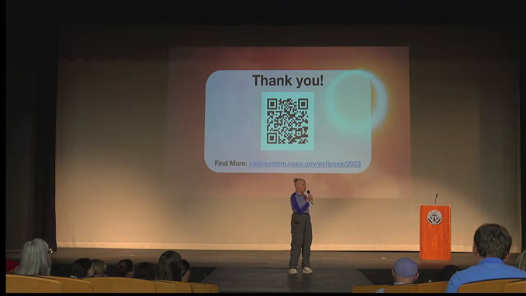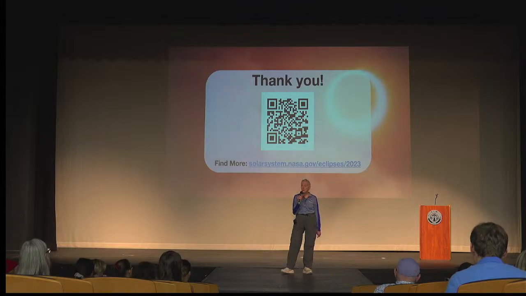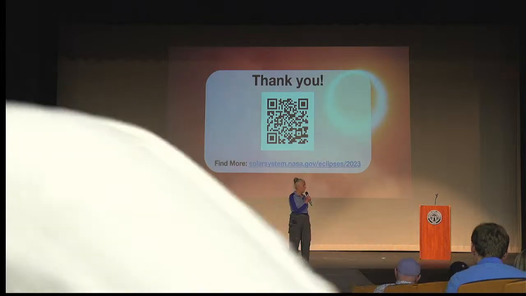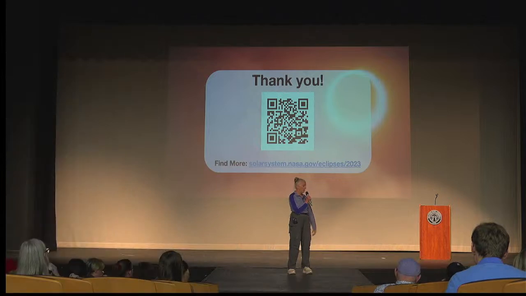I would not recommend making your own eclipse glasses, solar viewing glasses at home. However, there is another way that you can view the sun safely directly using number 14 welder's glass, which you can buy from a local or online welding store.